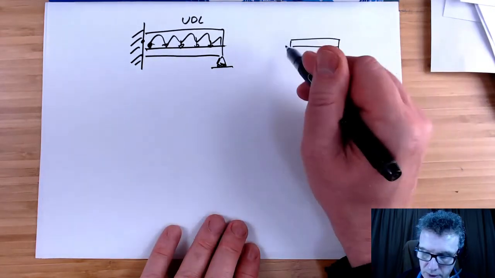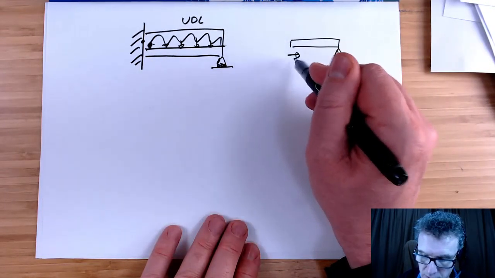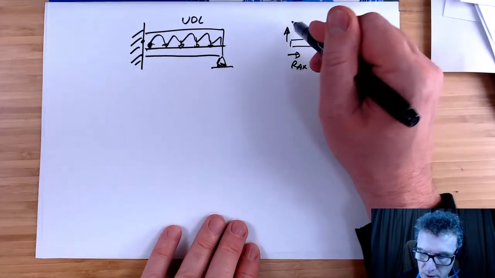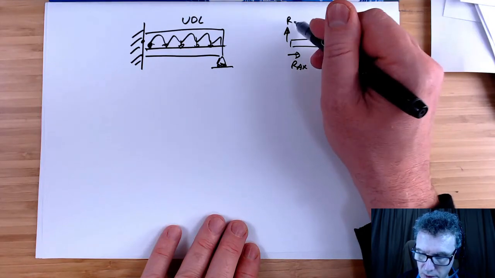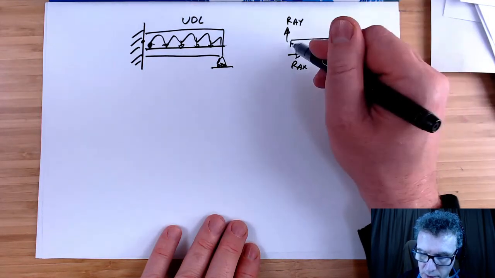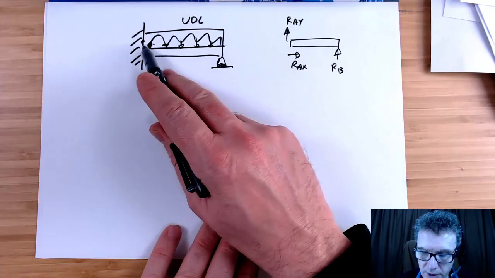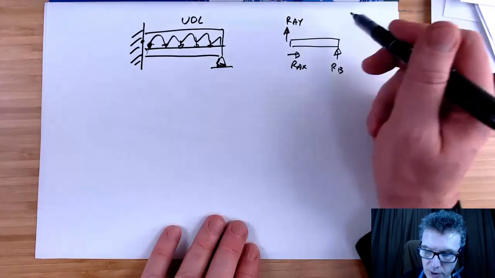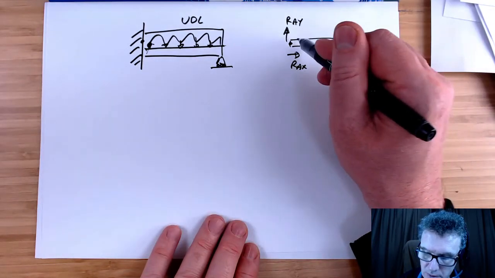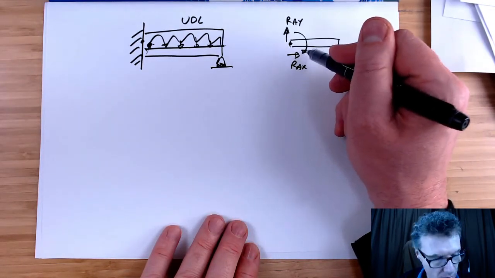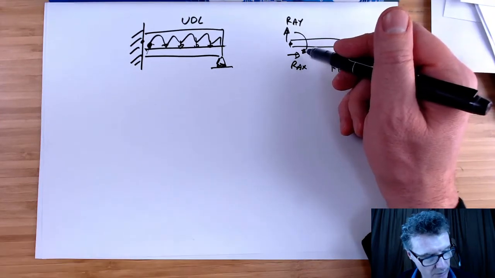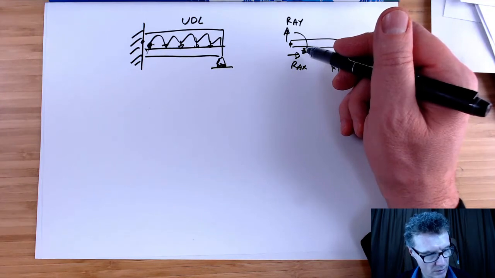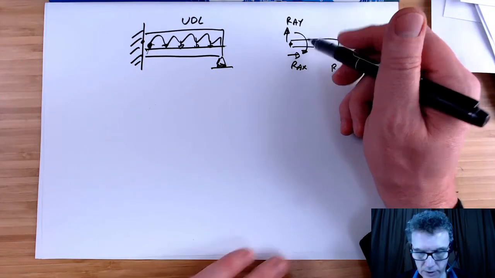It's on the runners, and then we have the reactions here, RAX, RAY, but this thing is going to be trying to turn at that point there, so I'm going to get some kind of turning moment there.